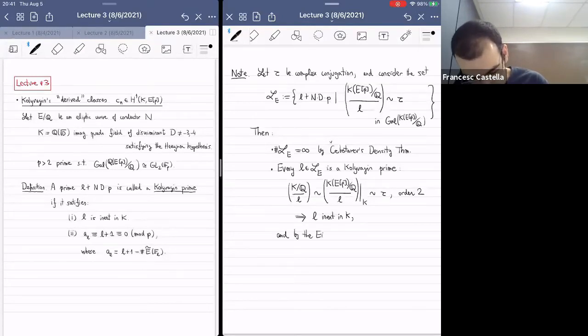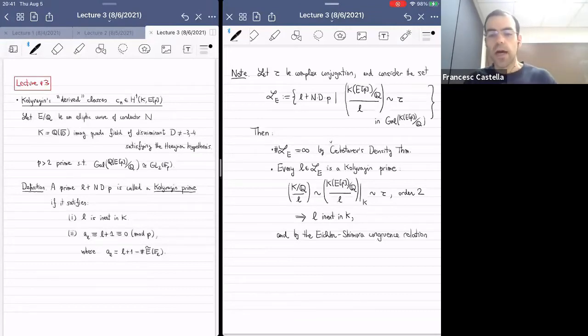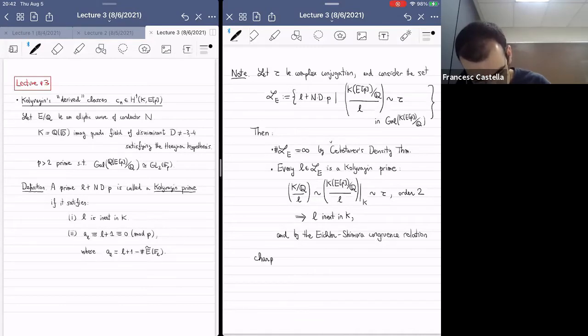By the Eichler-Shimura congruence relation, on the one hand, we know the characteristic polynomial of Frobenius acting on the p-torsion of the elliptic curve.